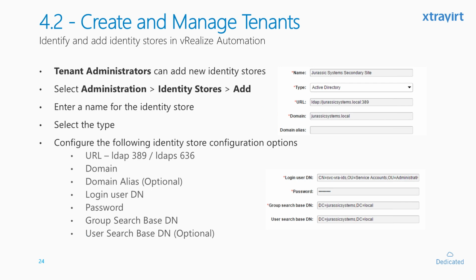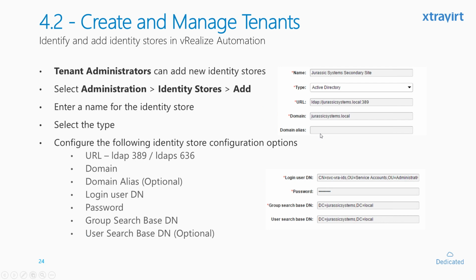We'll configure the URL, so it's going to be LDAP or LDAP-S. That's wrong, sorry. LDAP is port 389 by default, and LDAP-S is port 636 by default.